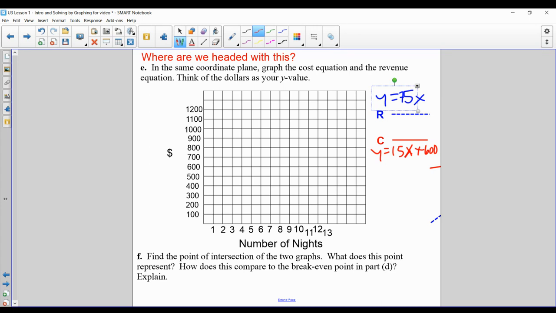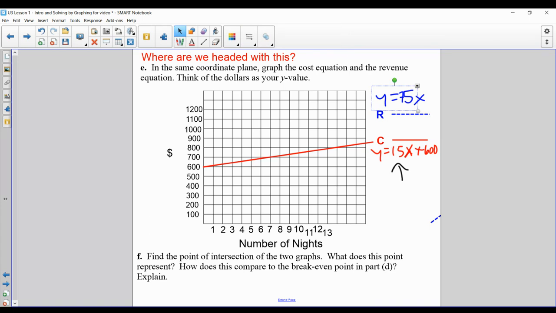If I go ahead and graph these, and for the speed of it, I've already graphed them, the red one has to start at 600, and then it goes up 15 dollars each number of nights.